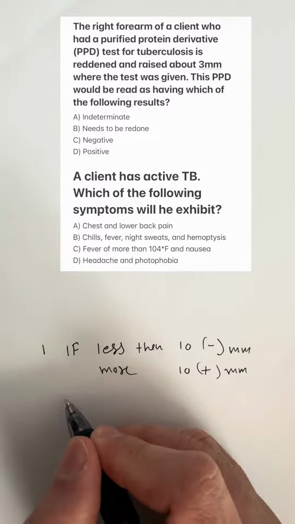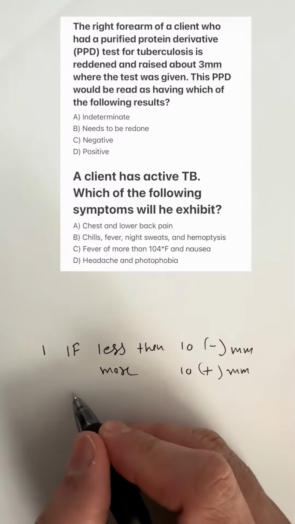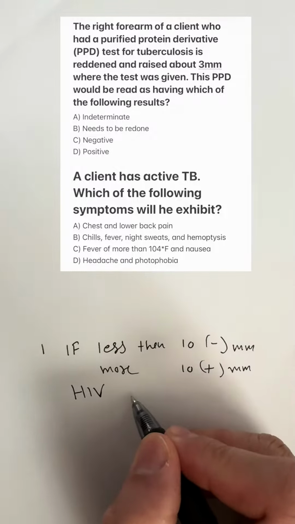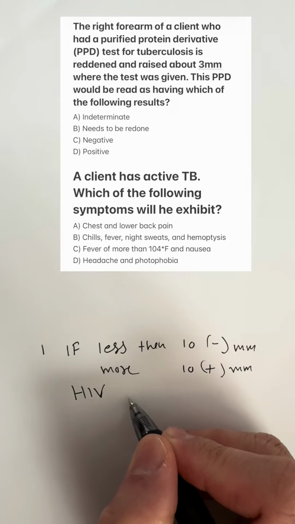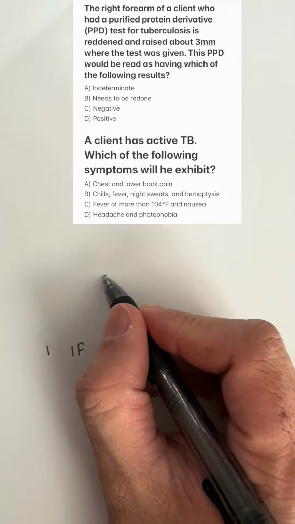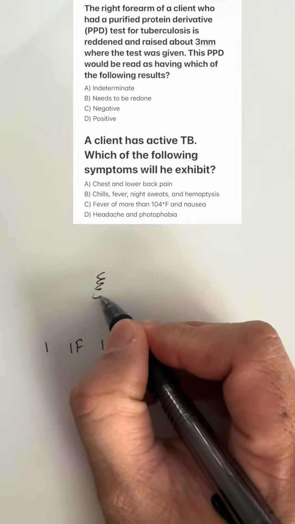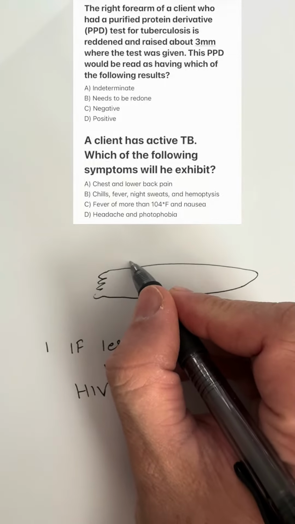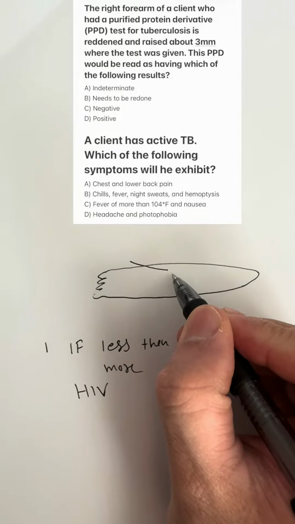Second thing you need to know: this is for normal people, but if the patient has HIV, it is different. Let me draw this so you will understand more. So that is our arm. They give an intradermal shot here on the skin.